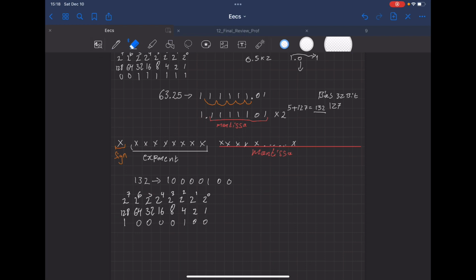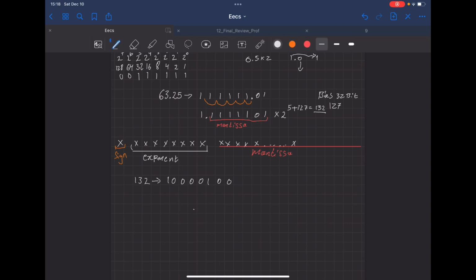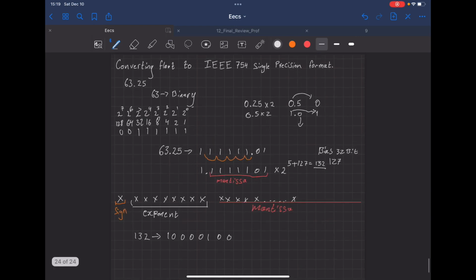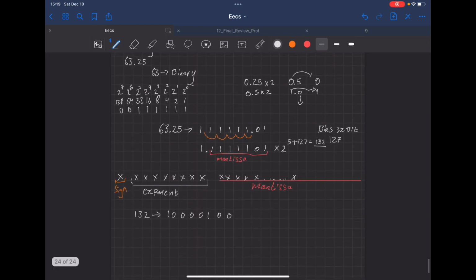Now that we've done that, we can write our final form. Our sign bit is positive, since 63.25 is positive, so we're going to write that as a 0. Then we take this as our exponent, which is 1, 0, 0, 0, those 4 bits, and then 0, 1, 0, 0.